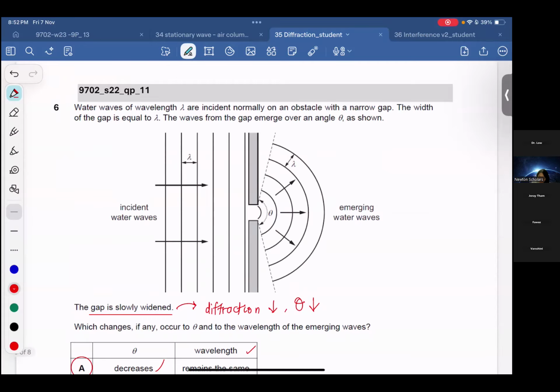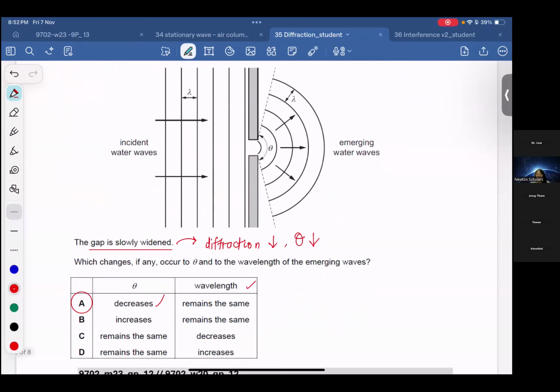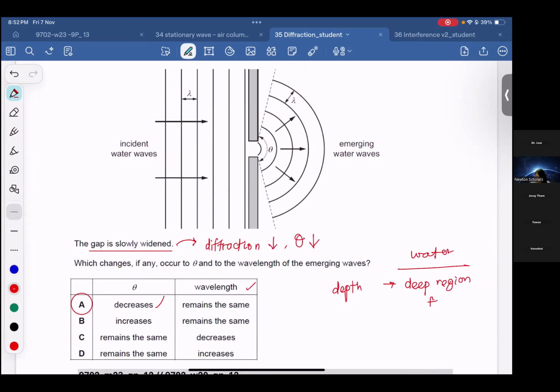Okay, here water wave. How do you change the wavelength of a water wave? The depth of the water. If you are in a deep region, the water wave is moving fast. If you are in a shallow region, it is moving slow.